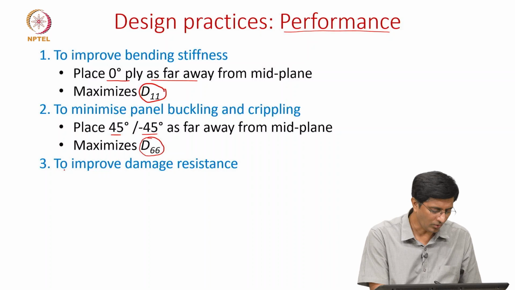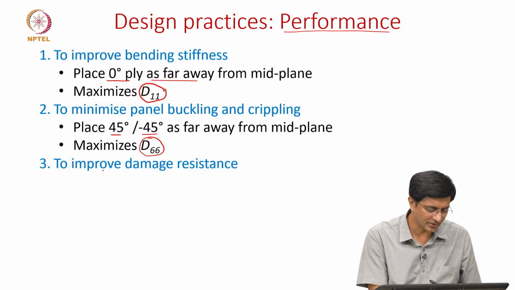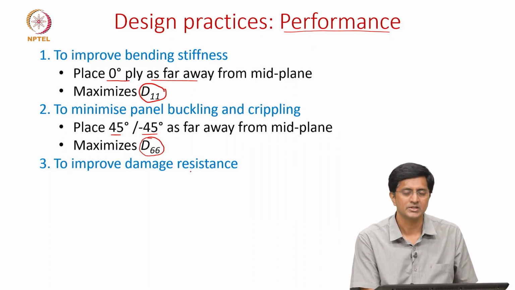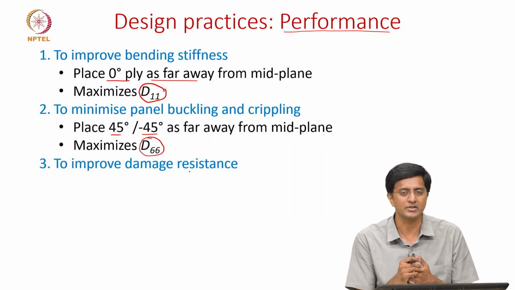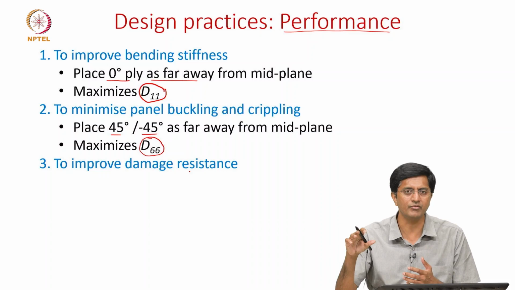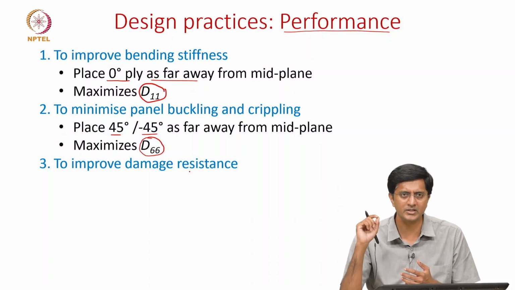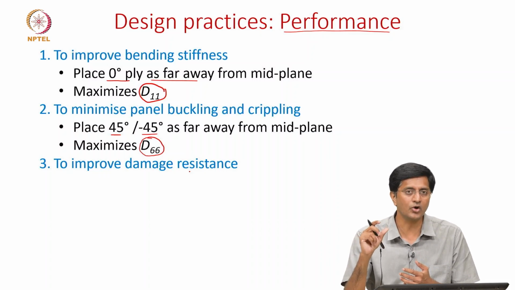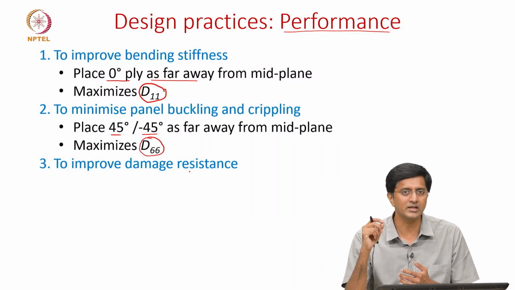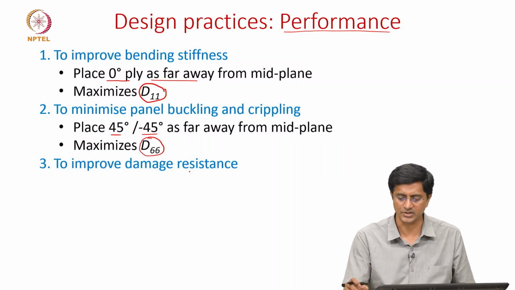Now let's see how we can design such that it can improve the damage resistance. So let's say we are concerned about low velocity impacts, an example could be a wind turbine blade, where we expect that a bird flies and maybe it hits the wind turbine blade. So how do we ensure that in these unfortunate scenarios, there is less or minimal damage to these composite structures?